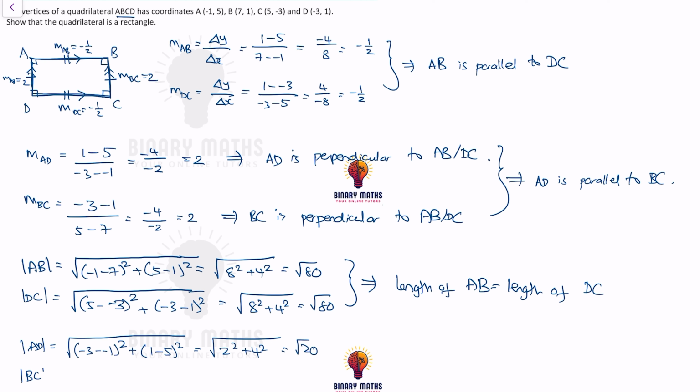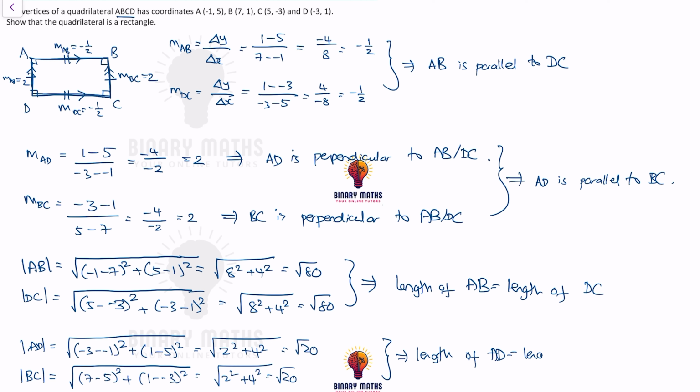I work out the magnitude of B to C, so the length of B to C, they end up getting 7 take away 5 squared plus 1 take away minus 3 squared, which is 2 squared plus 4 squared, which is square root 20. Both of these imply length of AD is equal to length of BC.